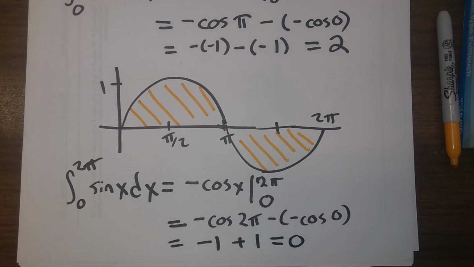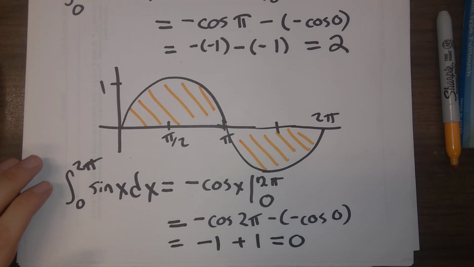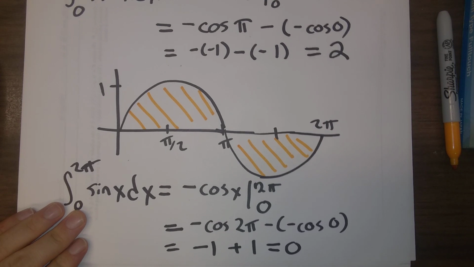Sure enough, we get 0. Sure enough, these two humps do exactly cancel each other out. So there's lots of good things we can do here. Our definite integrals are matching our intuition for what's going on with our pictures.